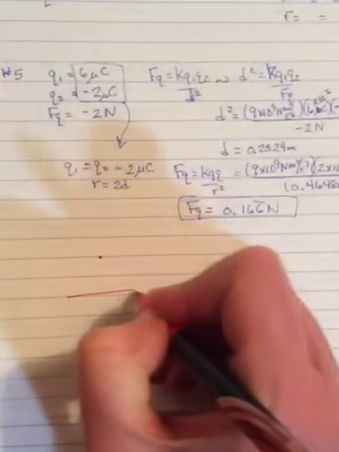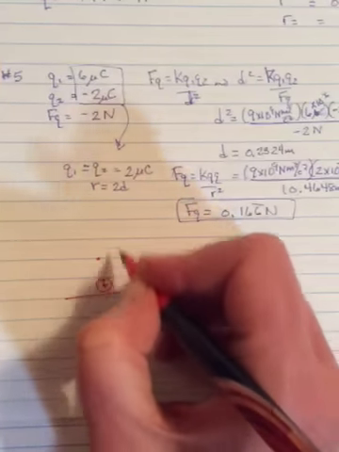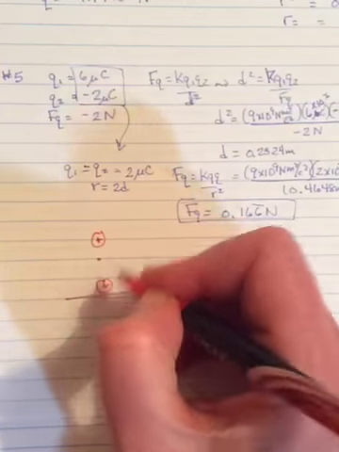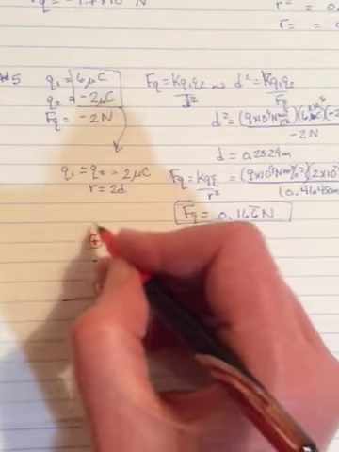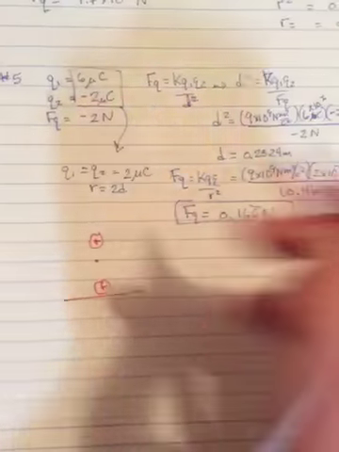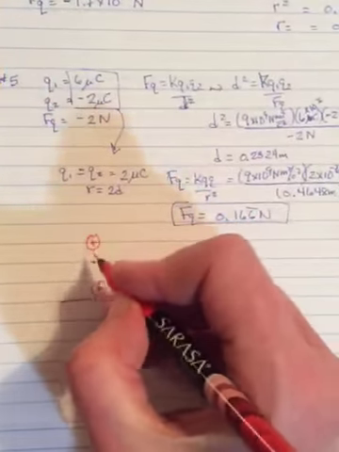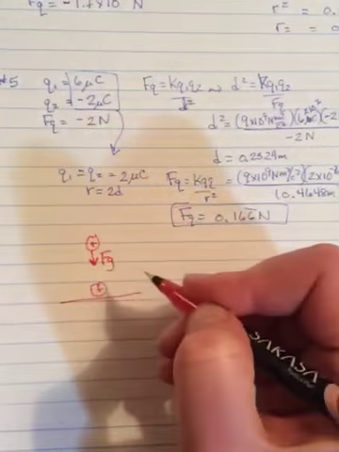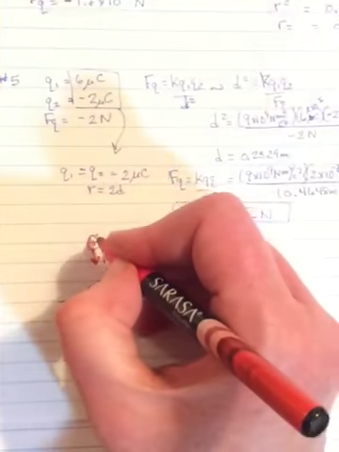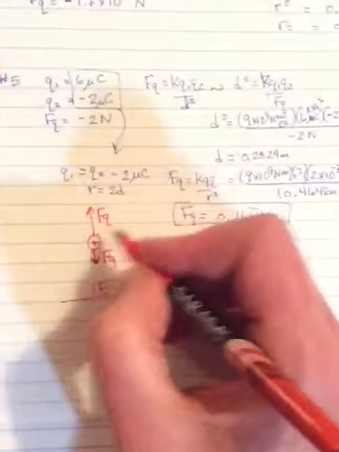And just for a second about 6. Number 6 says you have a proton resting on the surface, and you take a second proton and you place it above it, and it wants to know, where do you have to put it above it so this guy will just float here? So again, it's sum of the forces. You just have to think for a second, what are the forces acting on this guy? Well, there's always our good friend, gravity acting down. And because these are positively charged, there's going to be a force of repulsion acting up, which will be FQ.